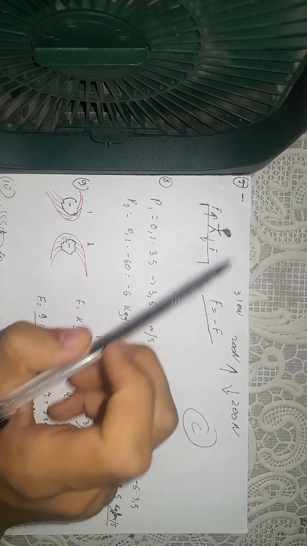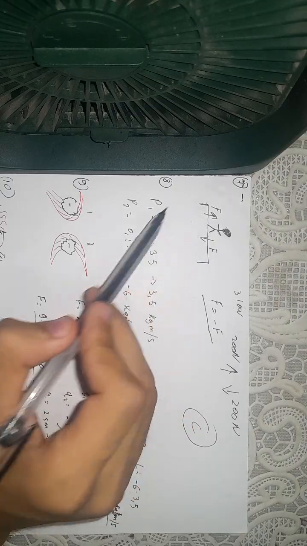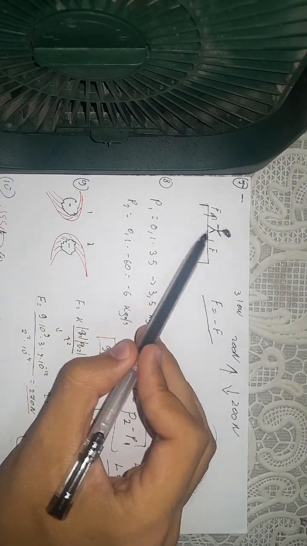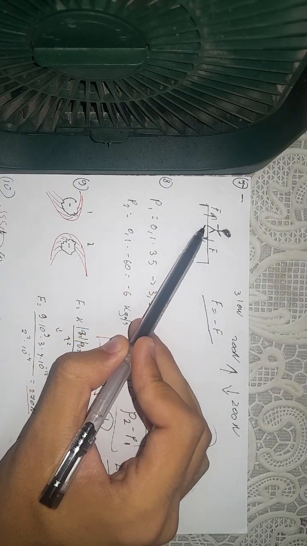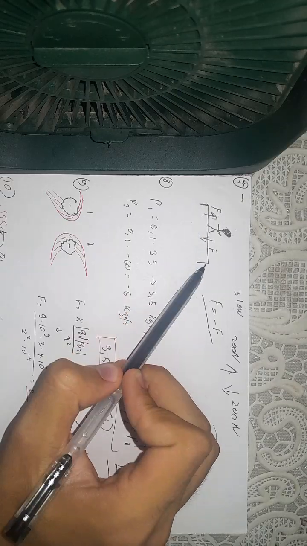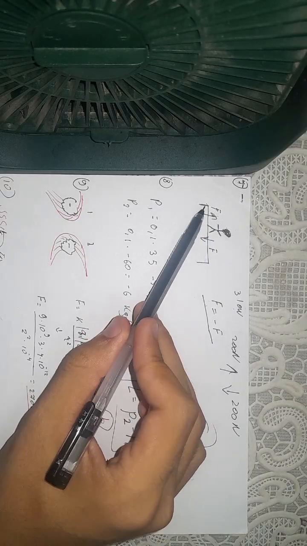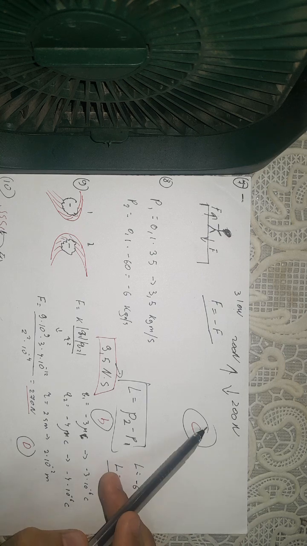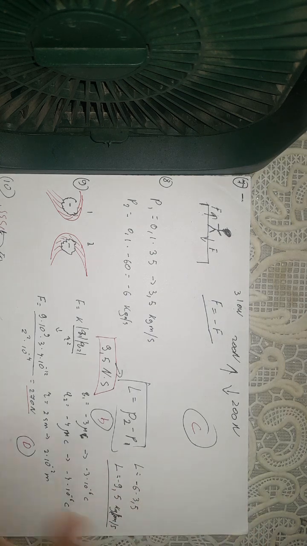So F equals minus F. If his weight is 200 newtons, the table is also pushing with 200 newtons. So the correct answer is C.